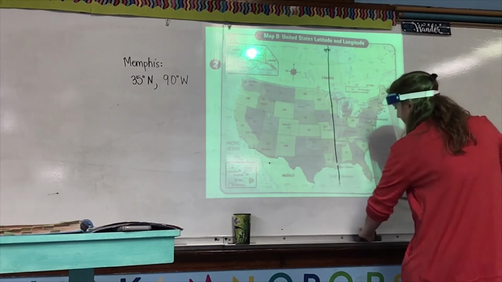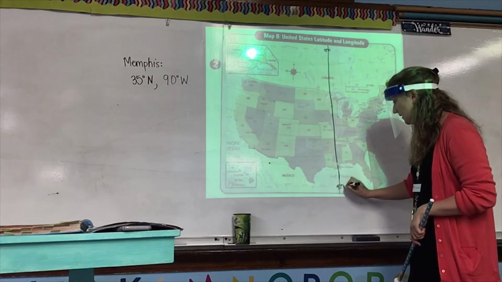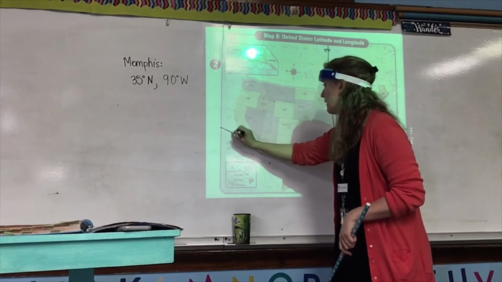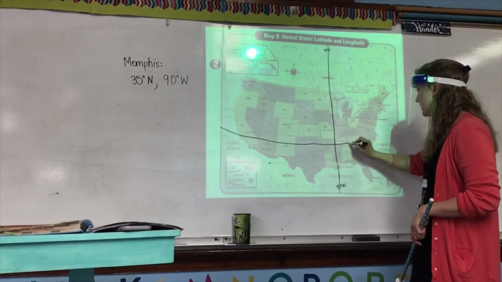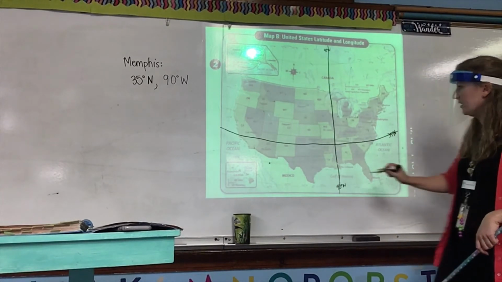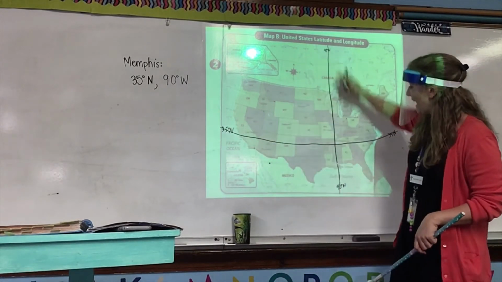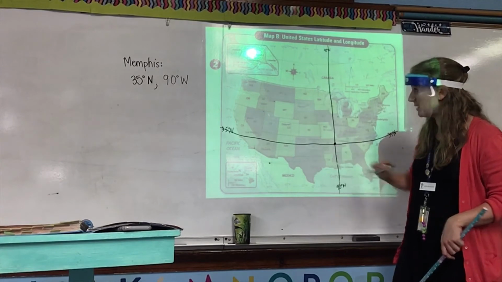Because right where Memphis is is right where 35 degrees north and 90 degrees west meet.